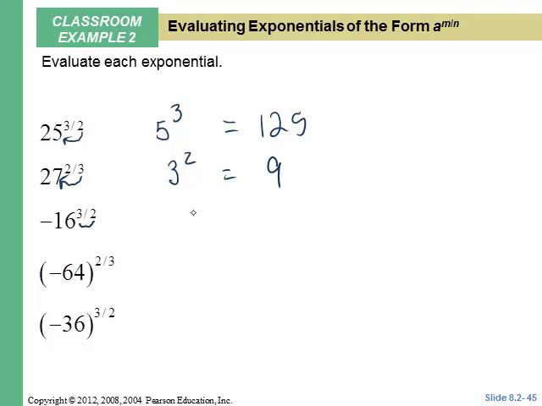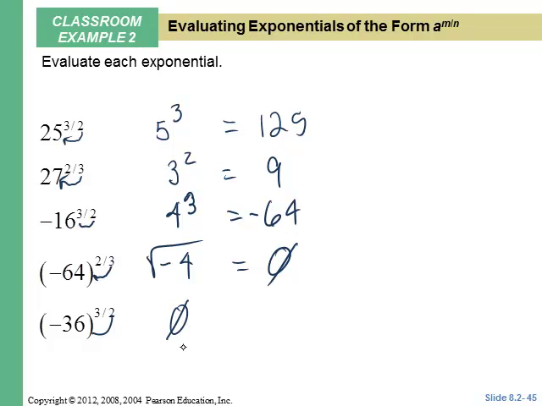The square root of 16 is 4, cubed is 64 with a negative sign out front. The cube root you can do, and you get negative 4, but then when you take the square root of that, you get a null set. The square root you can't do, so you get a null set right away. Interestingly, it doesn't matter either way. You get a null set whenever you have an even in either the numerator or the denominator.